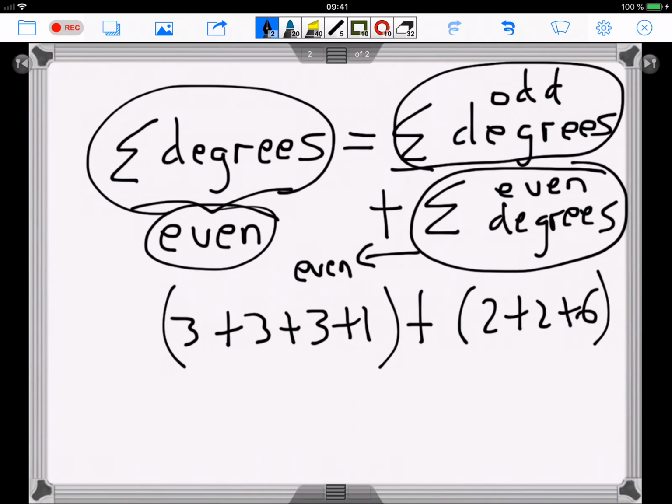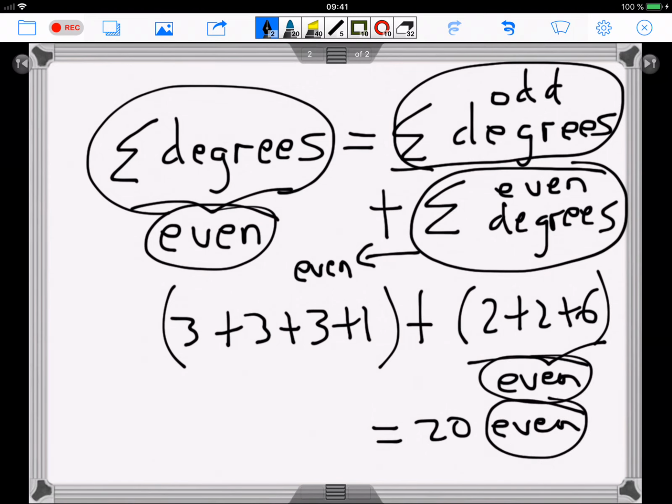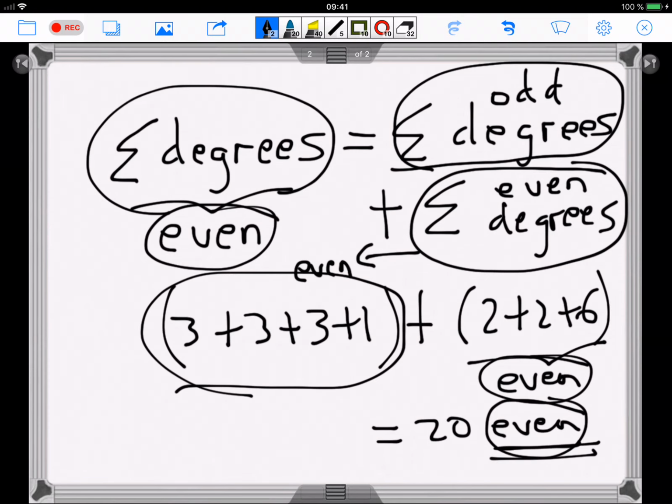Okay, in this case we are summing this number here, which is even, and we are obtaining 20, which is even. Okay, but if this number is even and this number is even, this number has also to be even. Okay, because if it were odd, odd plus even would give us an odd number, but we know that the result is always even.